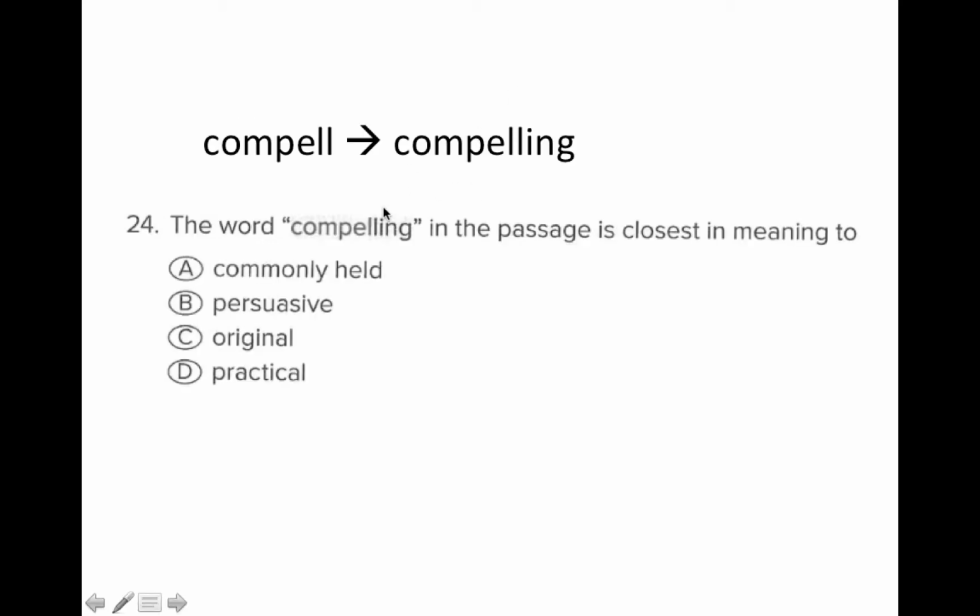Here, compelling. Compelling is an adjective that's made from a verb. The answer should look familiar to you. Persuasively, from the very first screen, is the word that you should be thinking of with compelling. Again, when I look at it in the verb form, the word that's being targeted is compelling.